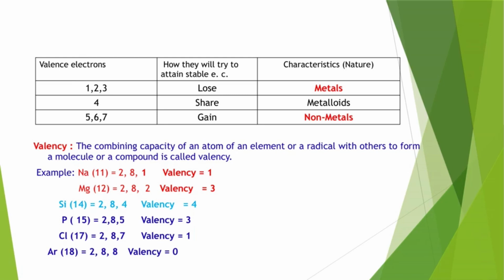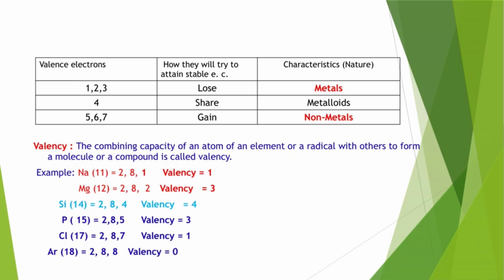So, the elements which, in their electronic configuration, have either 1, 2 or 3 electrons in their outermost shell will lose electrons and become stable, and their characteristic will be called metallic.